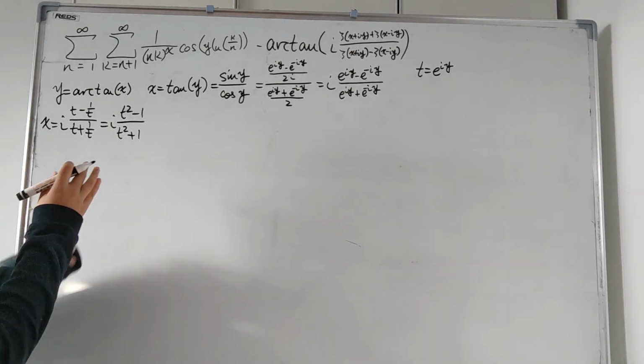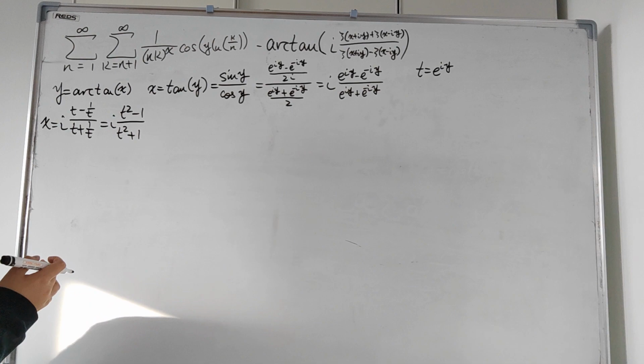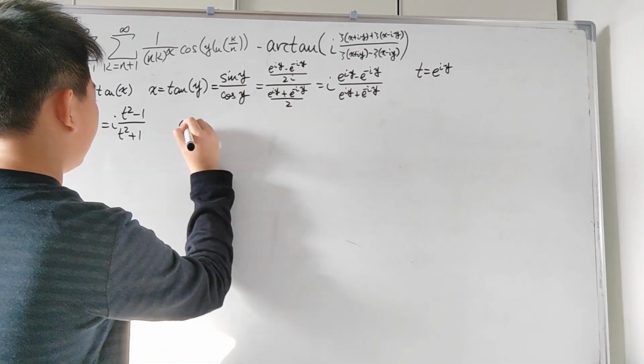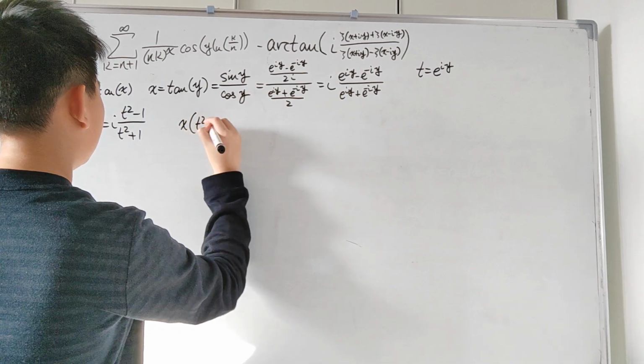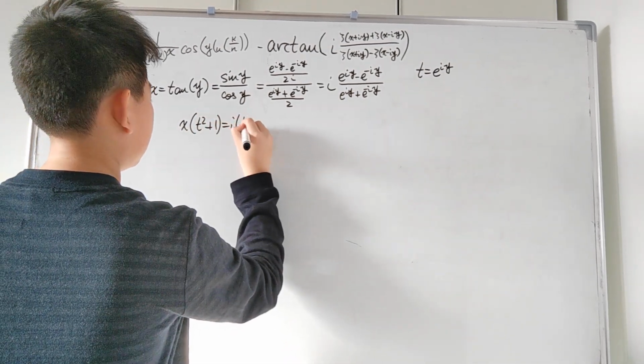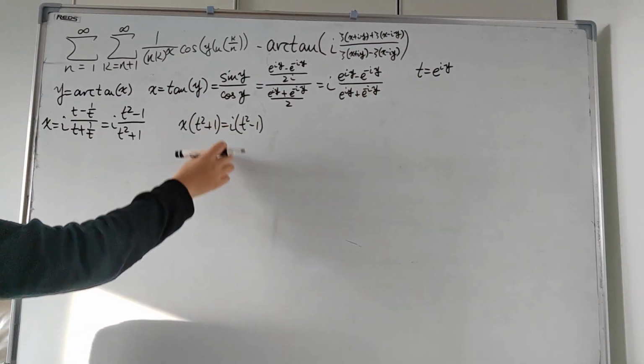And so basically we can do interesting stuff with it. We're going to multiply by this denominator here. So we have x times t squared plus 1 is equal to i times t squared minus 1. Now we're going to subtract this from both sides.